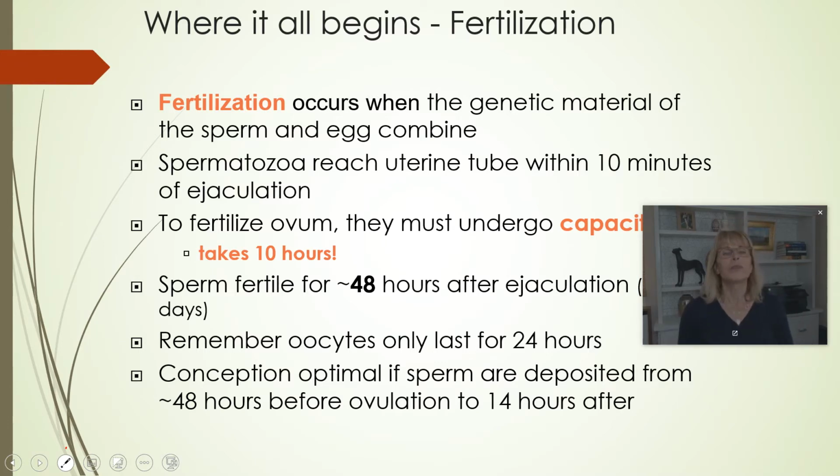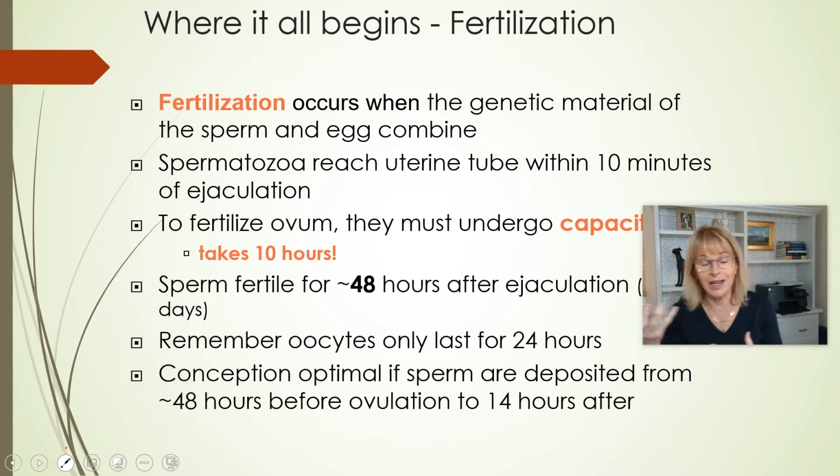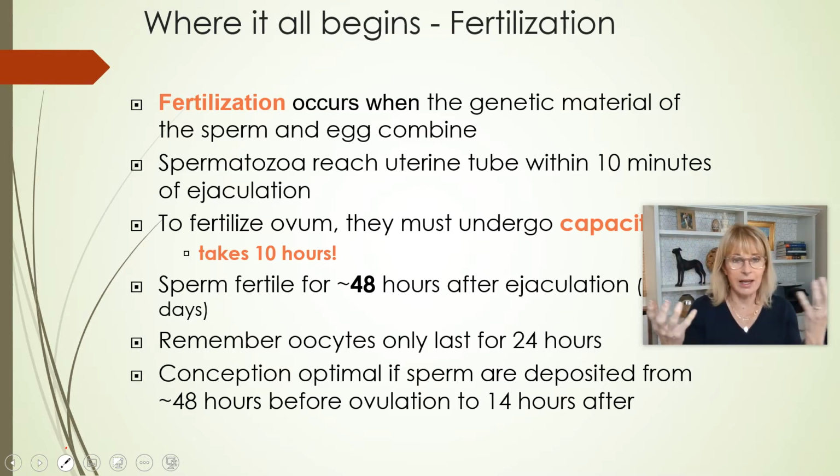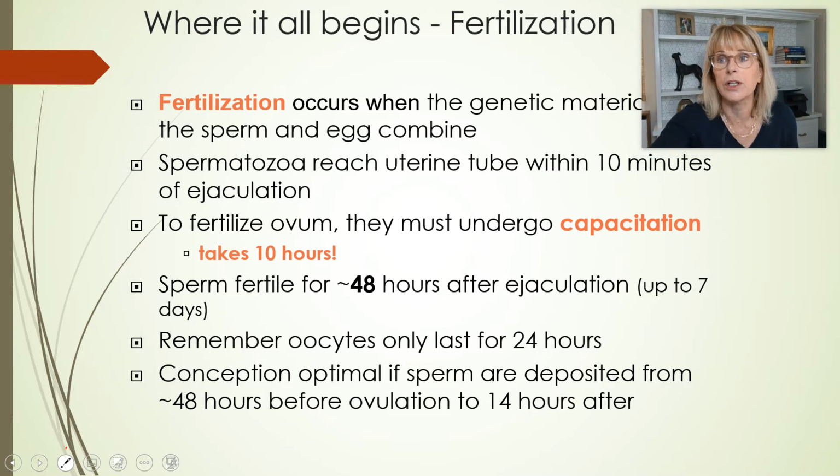Okay, so fertilization happens when the genetic material of the sperm and egg combine. So the DNA of the sperm and the DNA of the egg, and that won't happen until the two cell membranes touch. And when a sperm gets to an egg, it goes bonk, bonk, bonk, bumping against the zona pellucida.